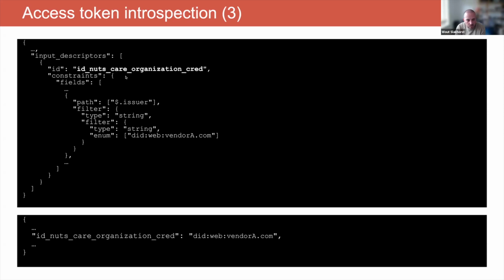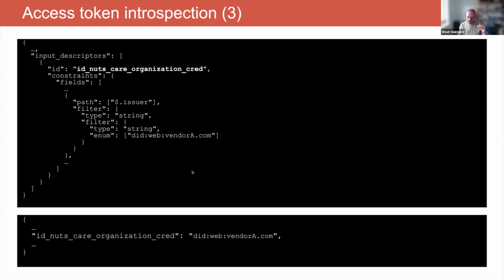What the introspection will do is use that identifier and return the value for it that was found in the actual credential. So if you have a big list of requirements for your credentials, in the end, in the token introspection, you will get a very flat structure of all your requirements and the values that are available in those credentials.